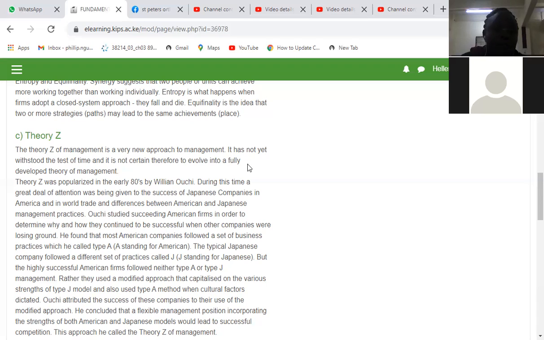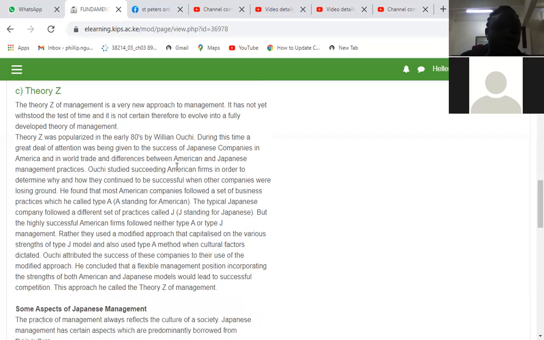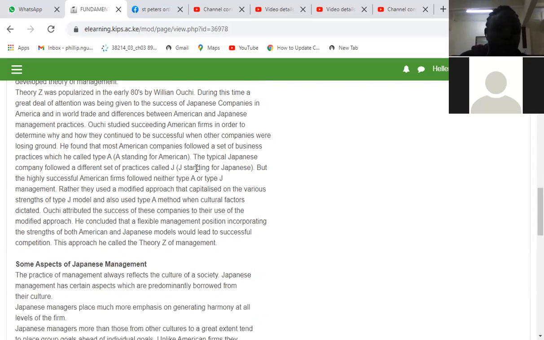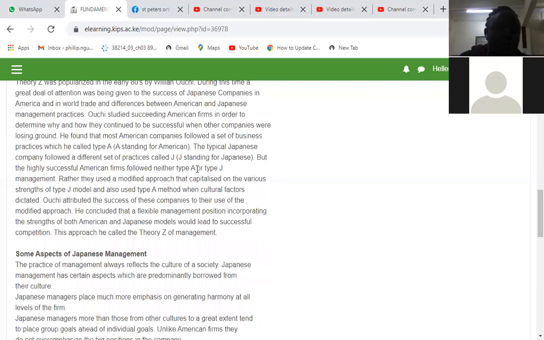Even if it has not yet been fully tested, it does bring some improvement when you are doing your management as a manager.